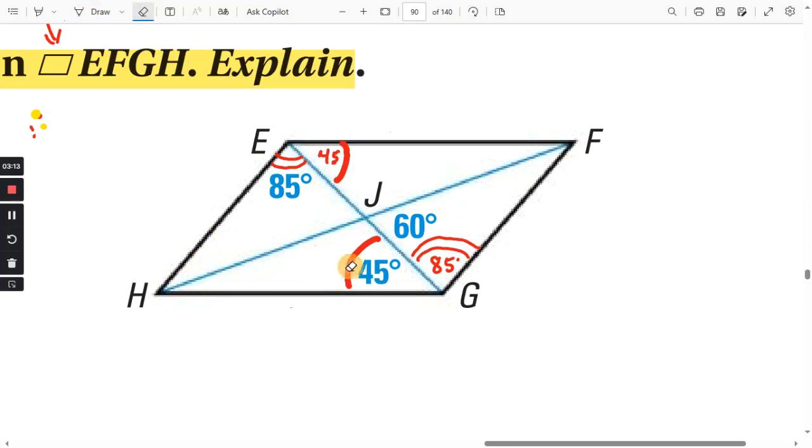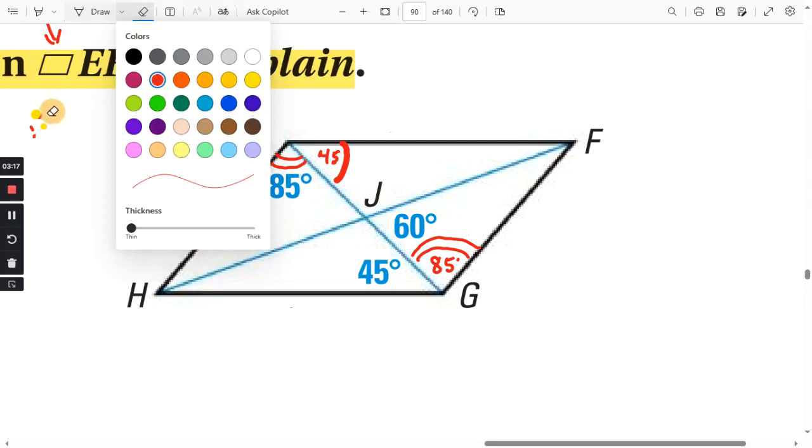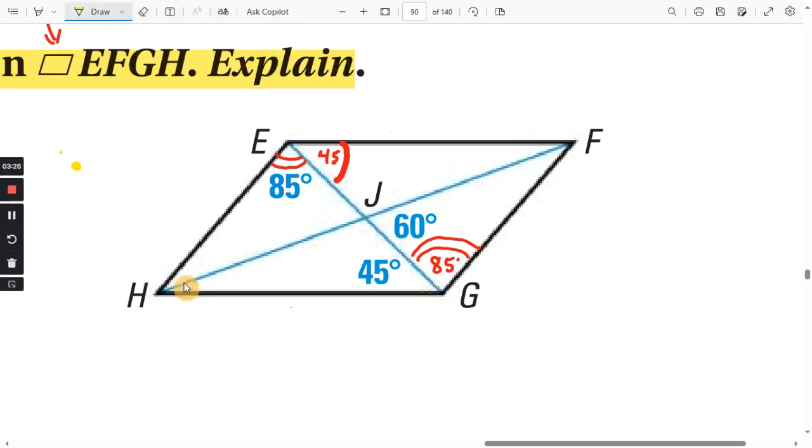Now, let's see, what else can we do? Well, if you look at the diagonals, we can use vertical angles. Remember, for the vertical angles, you look for the X shape. So this diagonal here and this diagonal here make an X shape.